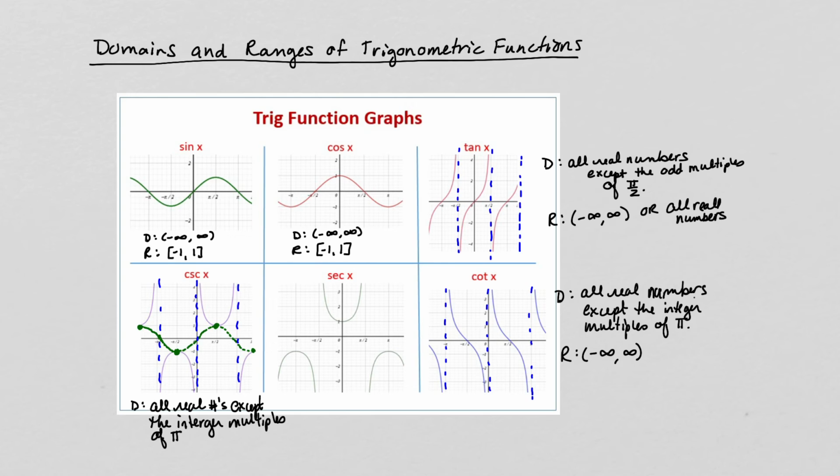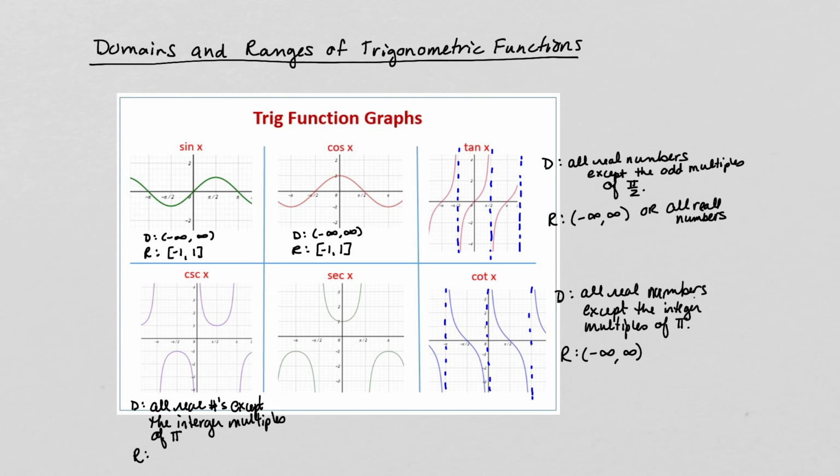And this time the range, if you notice, remember I drew this green line in here, so I can take this green line out. So the range here, there's nothing in this middle piece, but it's everything else.